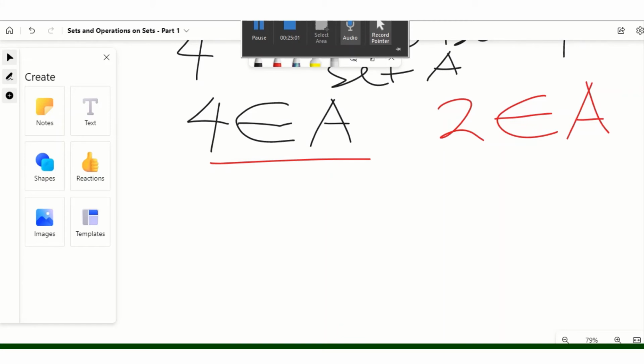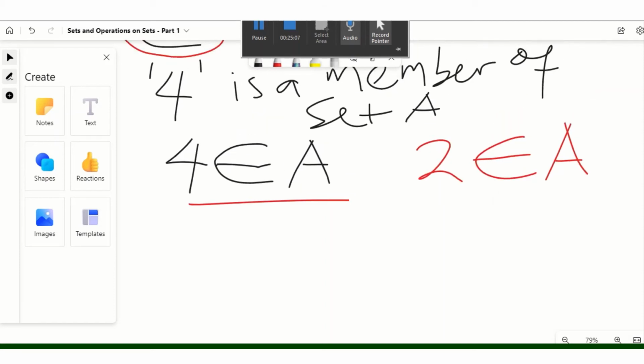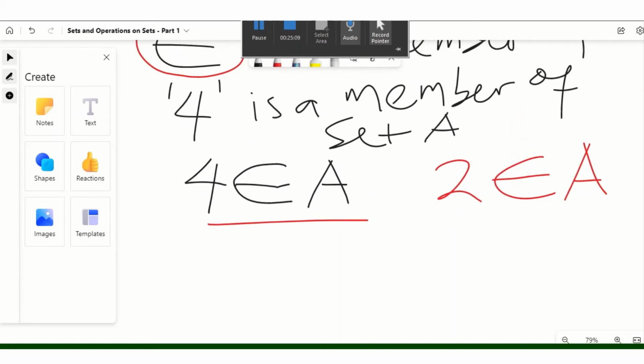But there is also another notation we need to take note of. In as much as this means "is a member of," if you write it like this and cross it, guess what it means?